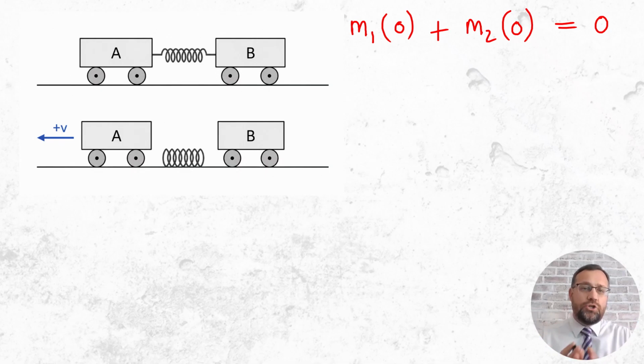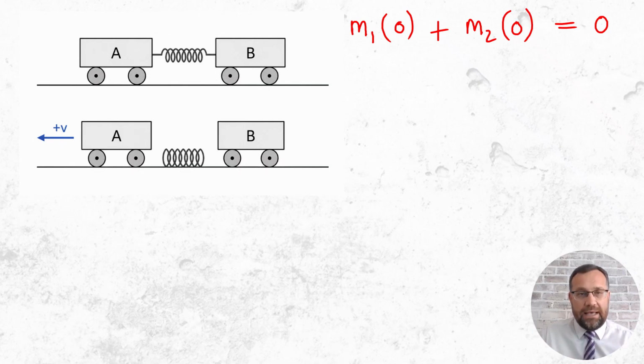Now, according to the principle of conservation of momentum, the total momentum of an isolated system remains constant. Since this is indeed an isolated system, the total momentum must therefore remain zero.